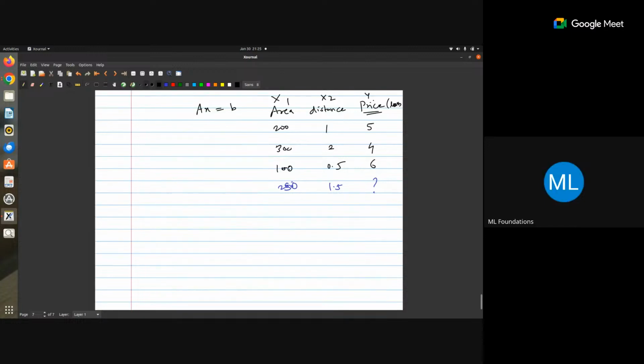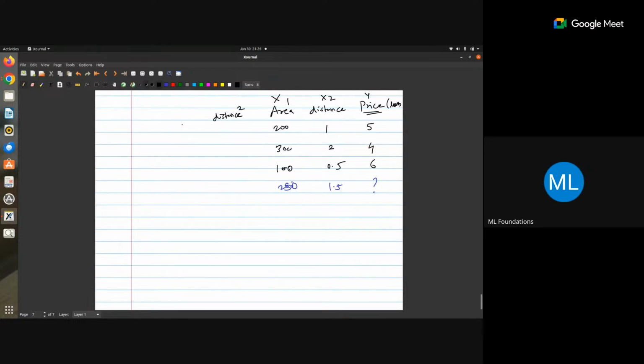Suppose there is another variable here, let us say area square, or maybe distance square. Another variable is given to me. I'm just giving you the example, it may not be true.